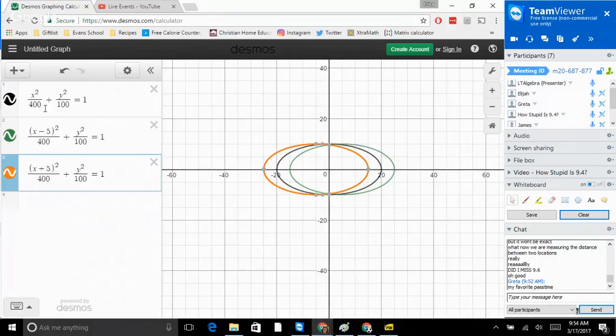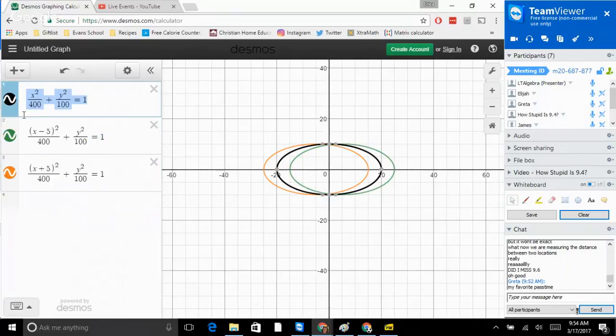So if adding into my x term, x minus 5 and x plus 5, shifts my ellipse on the x-axis, what do you think I would do if I want my ellipse to go up and down? I'd have to do something to this y term, right?